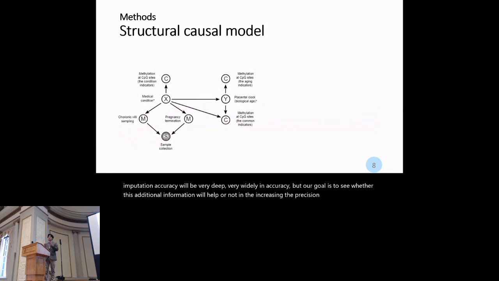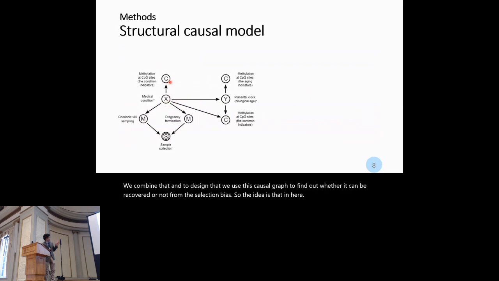We use structural causal modeling to find out how to arrange the model, because we use a multi-stage prediction model, so we use many models in one model. To design that, we use this causal graph to find out whether it can be recovered from the selection bias.